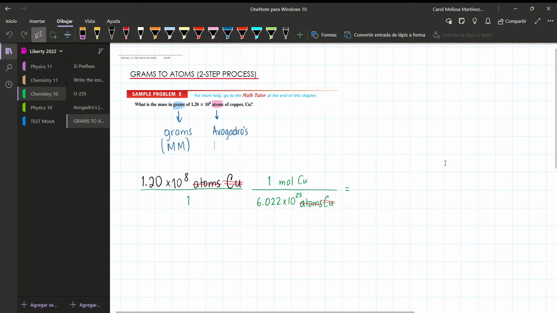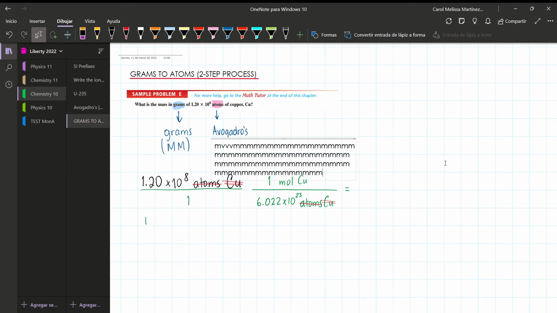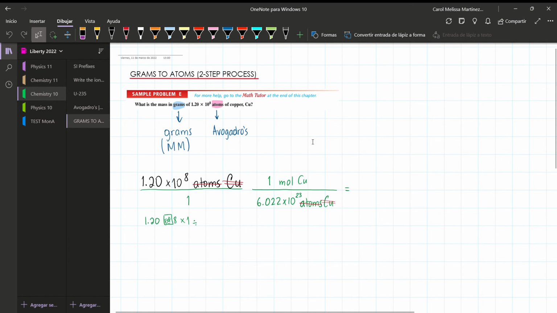How much is this? 1.2. Remember how you do it in the calculator. You do 1.2 exp 8, and it gives 1.99 times 10 to the negative 16 power.